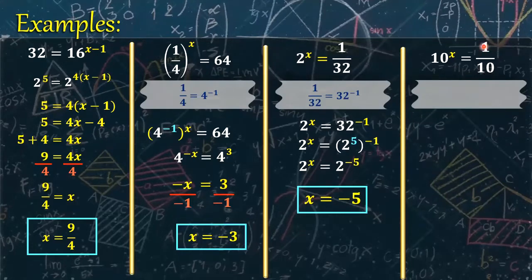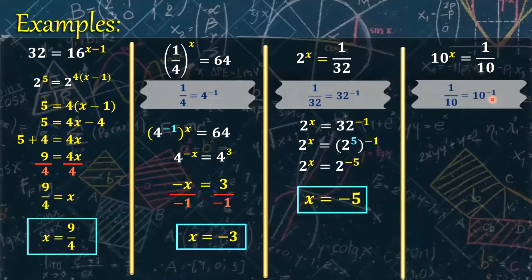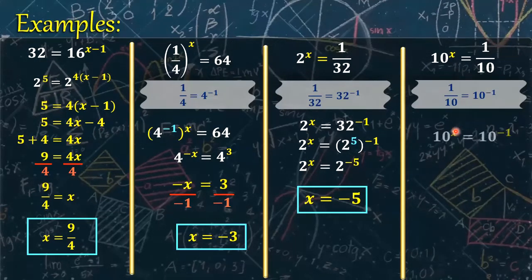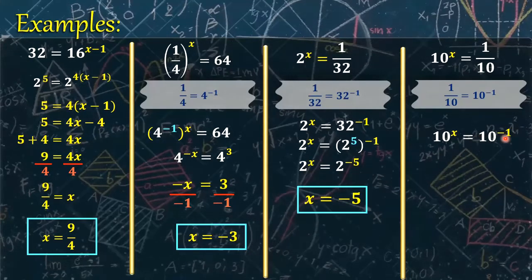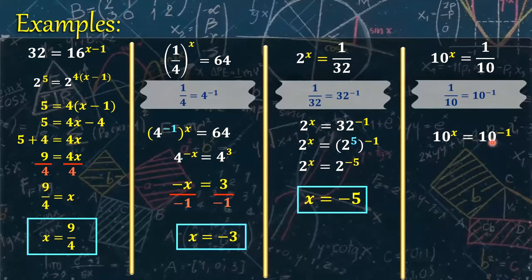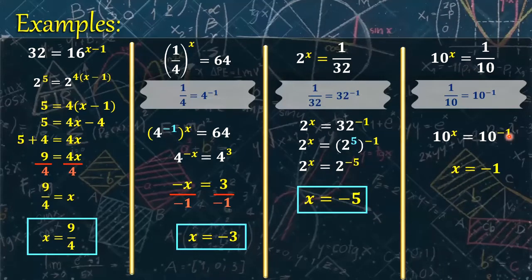Change first 1 over 10 into exponential form. We have 10 raised to the power of negative 1. So copy the new expression. We have here 10 raised to the power of x equals 10 raised to the power of negative 1. Now, since the same naman sila og base, proceed ta sa step 2. So we have here x is equal to negative 1.